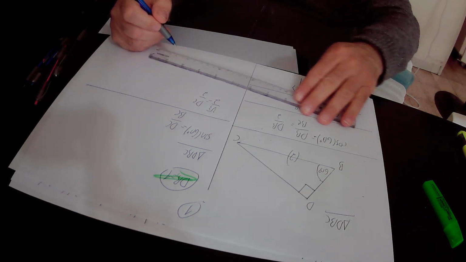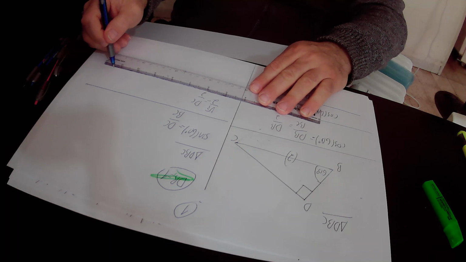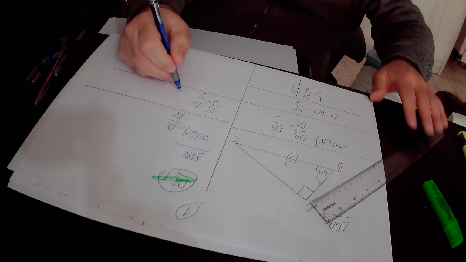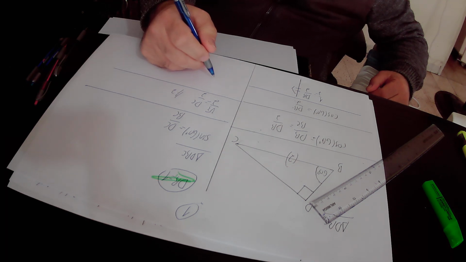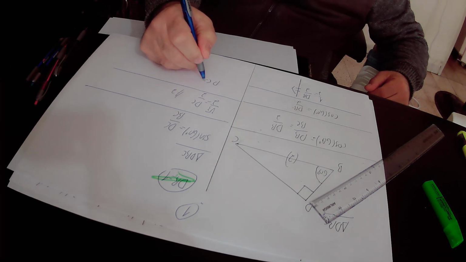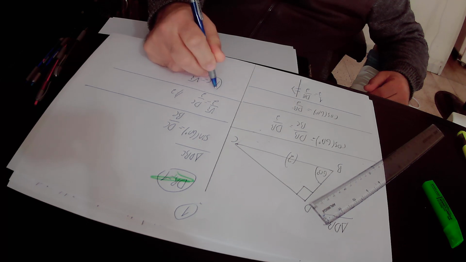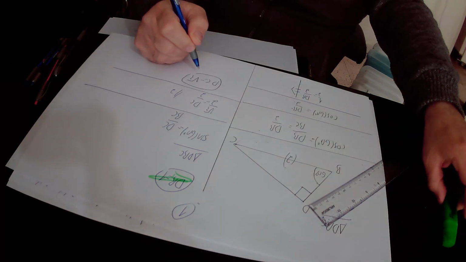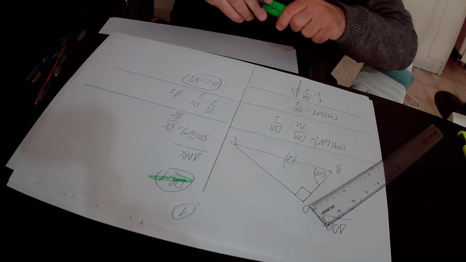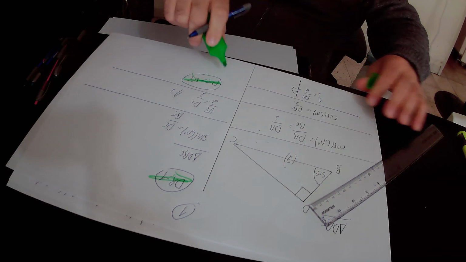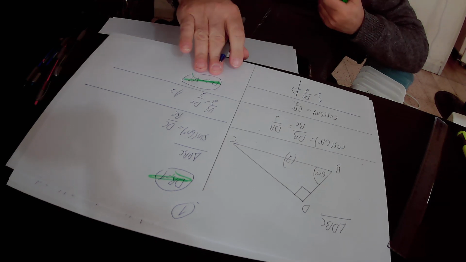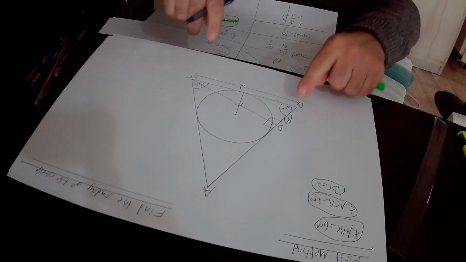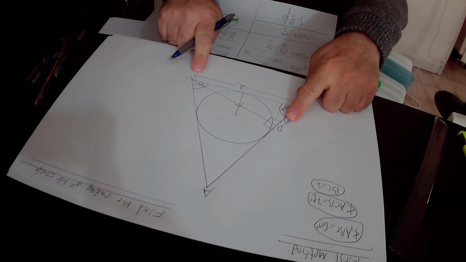So in conclusion, we found that square root of 3 over 2 equals DC over 2. We will multiply this equation by 2 and we get finally that DC equals the square root of 3 units in its length. So here, this line segment DC equals the square root of 3 units in its length.